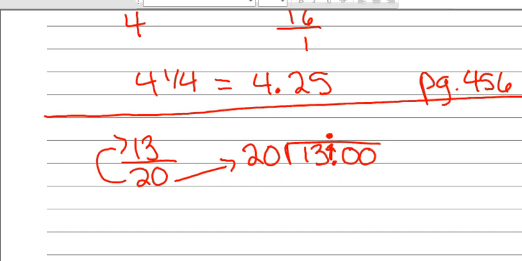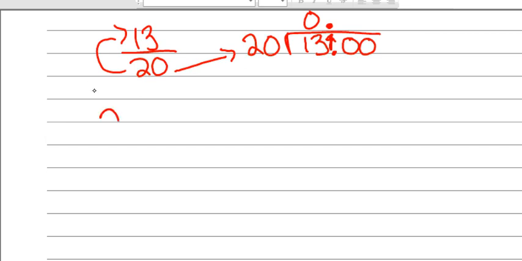And let's start dividing. Does 20 go into 13? It's too big. If you want, since it doesn't go in, you can put a 0 if that's helpful. If you don't want to put the 0, you don't need to. So does 20 go into 130? Well, does 20 go into 13, or does 2 go into 13? I'm just looking at the 2 and the 13. So, let's see. 2 times 6 is 12.